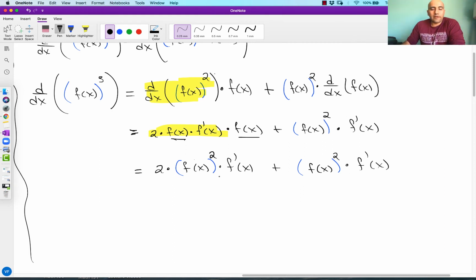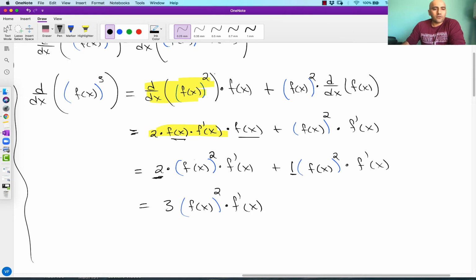Okay, well these two are identical, except for the 2, but they both have a factor of f of x squared times an f prime of x. So these two will combine to give me 3, right? There's 2 here, and then there's this sort of invisible 1 there. So there's 3 copies of f of x in parentheses squared, times an f prime of x.